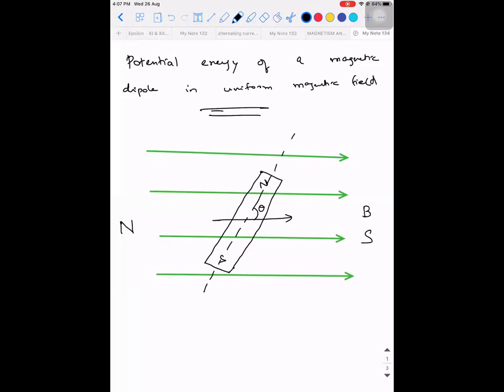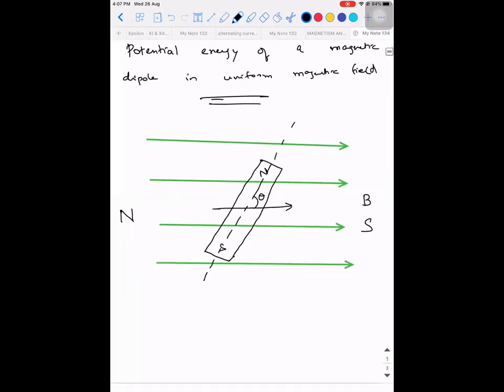Let's say the axis of the dipole is making an angle theta with the direction of the magnetic field. So what was the potential energy due to an electric dipole? It was minus P vector dot E vector, or minus PE cos theta.